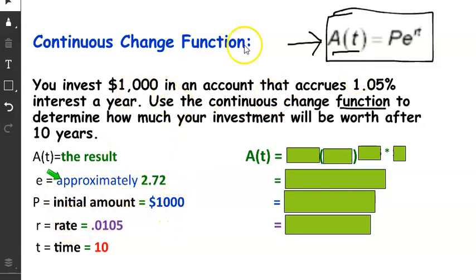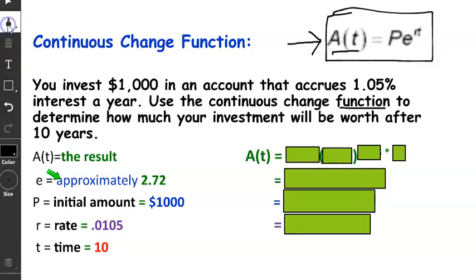The rate, I wanted to just clarify this, when you are given a percent, a rate of interest, you need to change it to a decimal, or tax, 6.5% sales tax.